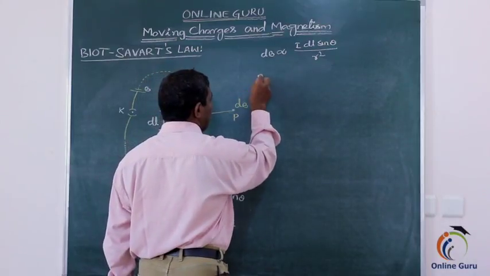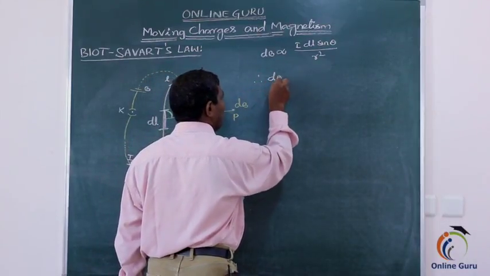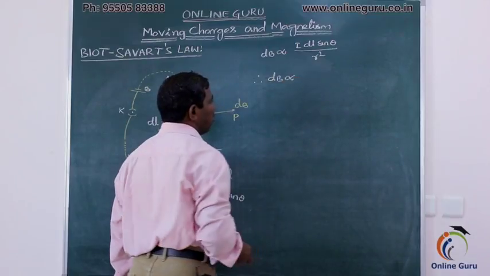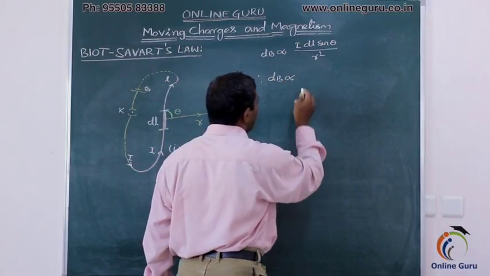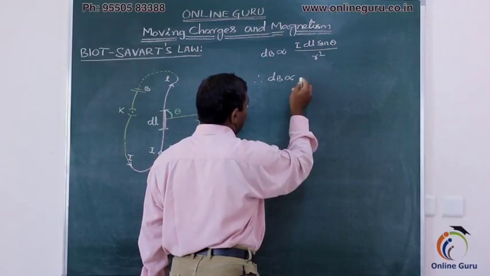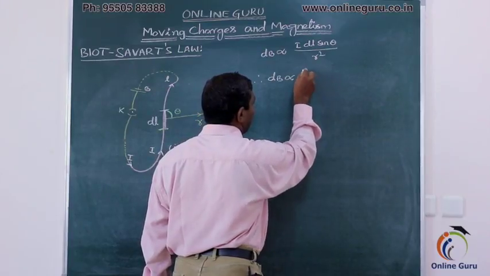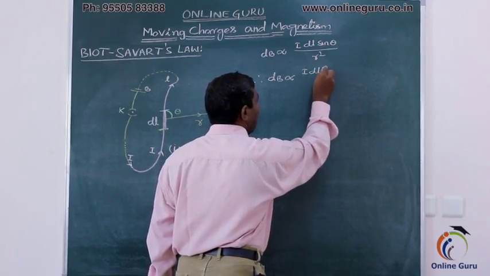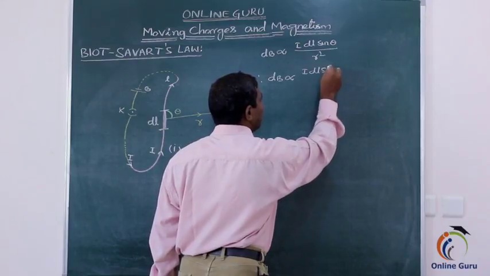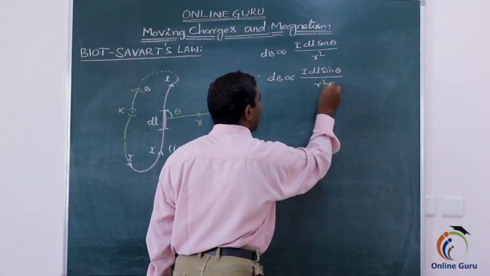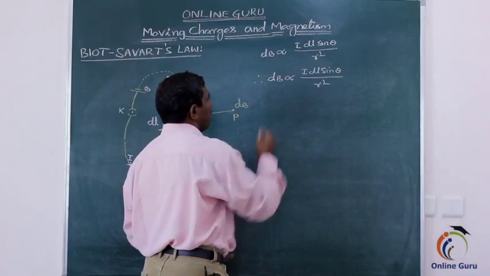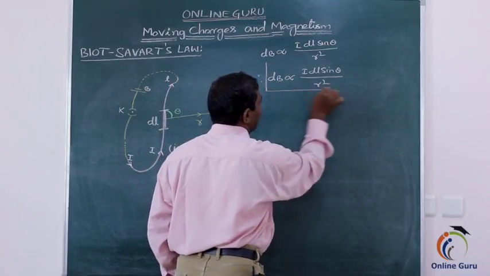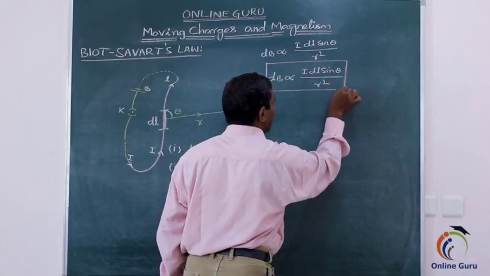Therefore, the mathematical relation for the magnetic induction at a point P due to the current element dl by Biot-Savart's law is dB proportional to I dl sin theta divided by r square. This is the mathematical relation for Biot-Savart's law.